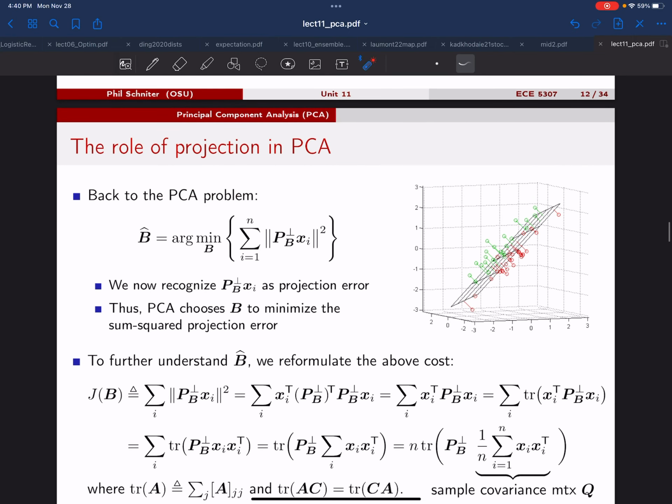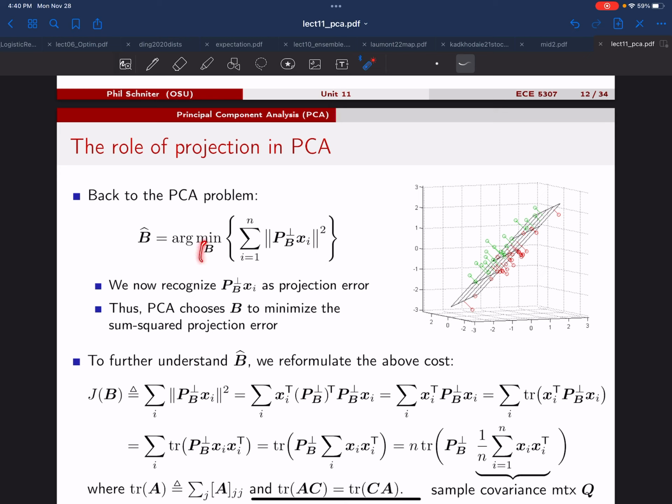Here we've just rewritten this a little more concisely. This is how we're trying to solve for B. You can see that this vector is just the vector that comes out orthogonal from this plane to the data sample xi. So these are all the error vectors, and we're saying we want the sum of their squared norms to be minimized.